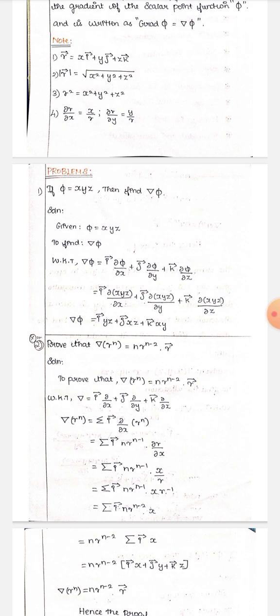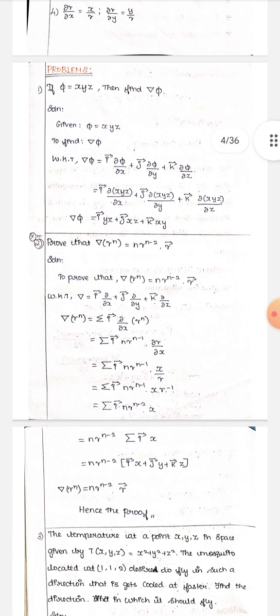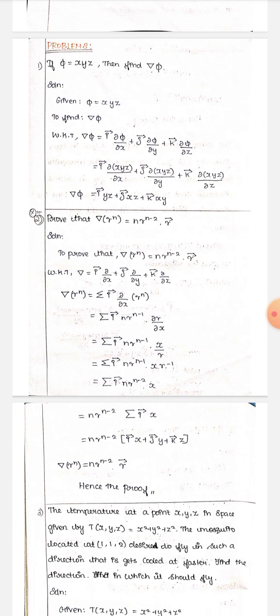In the i vector term, differentiate with respect to x. The j vector term, differentiate with respect to y, and the k vector term, differentiate with respect to z. So the first term, differentiating x with respect to x gives 1, remaining yz.